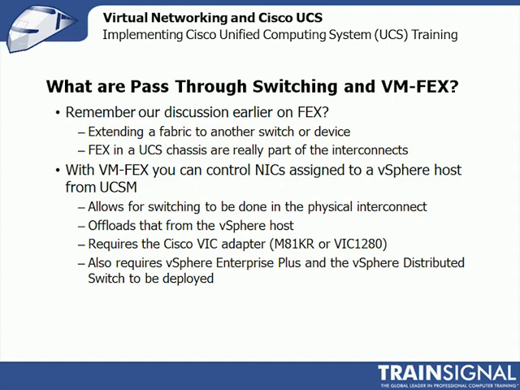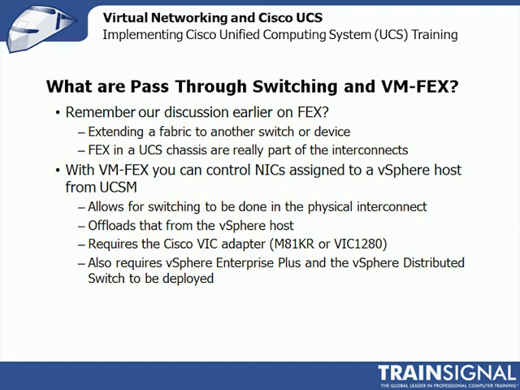A Nexus 2000 switch by itself is a dumb piece of metal. You power it up, it doesn't do anything. It's an extension of a 5000. The FEX or I/O modules in the back of a chassis are really extensions of the fabric interconnects. Everything is handled via the fabric interconnect, so it's a fabric extension into the chassis.